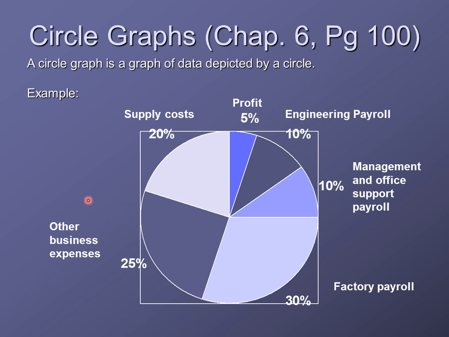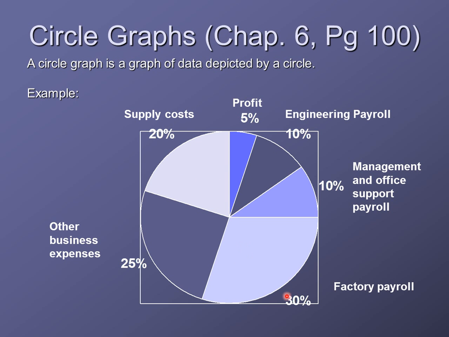Again, another graph. I use this sort of graph a lot, in most cases like advertisements and in different explanations of different things. This is called a circle graph. For example, here we are trying to show the cost of a business, and that gives you an idea of where most of the budget is going.